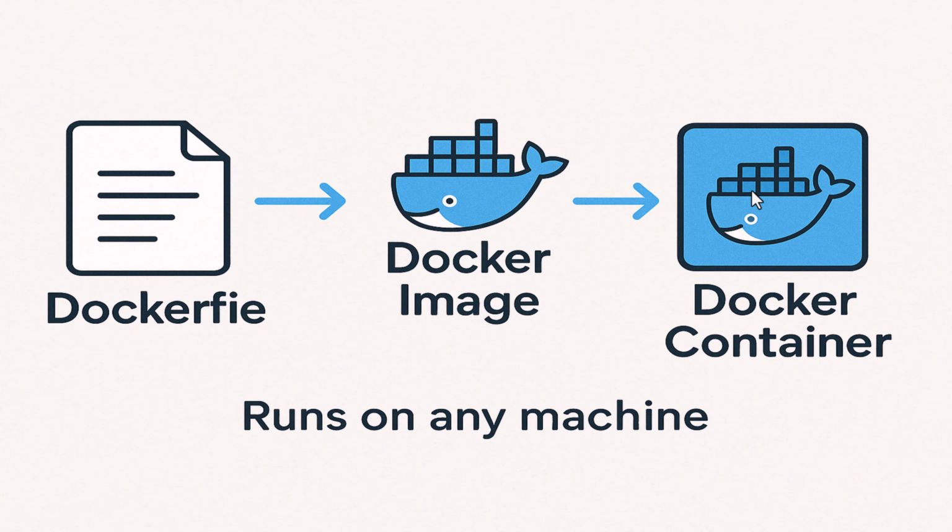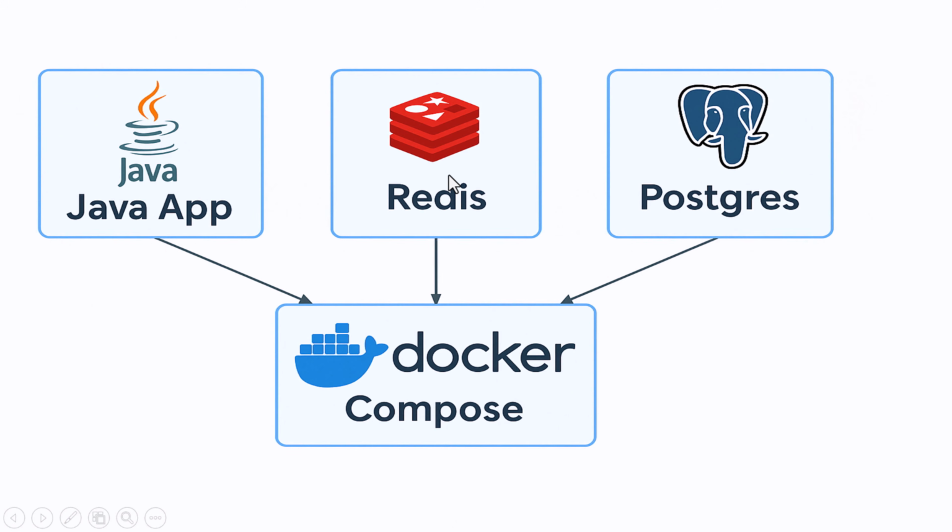Let's go back to that Java backend example. Now imagine your app also needs Redis for caching and PostgreSQL for the database. With Docker, you can run all three, your app, Redis, and Postgres, each in its own container. They talk to each other like they are running on the same machine, but they are completely isolated.